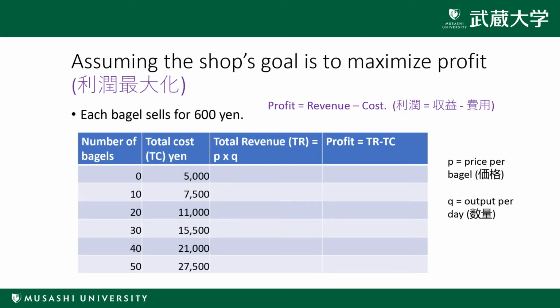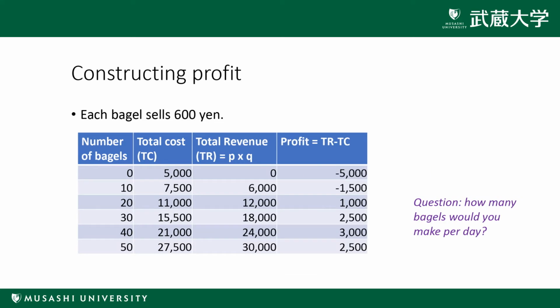Based on this calculation, I calculated the entire table for you. For example, if you're selling 20 bagels per day, then the total cost is 11,000, total revenue is 12,000, and you would have a profit of 1,000. For some of the levels, the profit is negative, for others, it's positive.